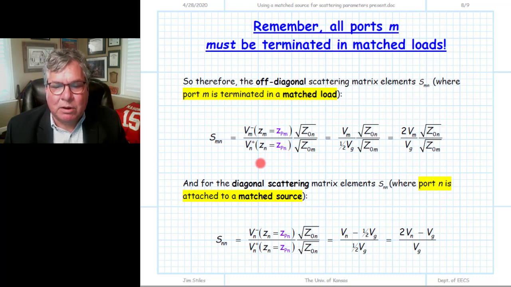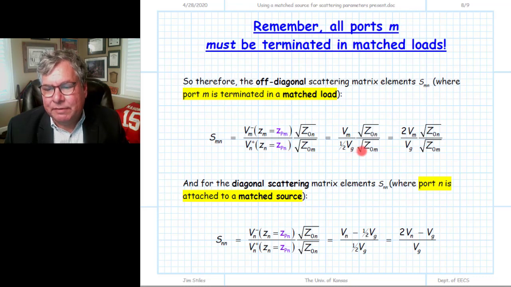What about the incident wave at port n? Again, this is the important part, the thing that really is slick about using a matched source to excite the incident wave. We know the value of the incident wave at that port plane since we attached the source right there. That value is 1/2 VG.